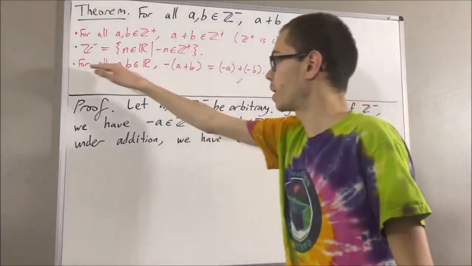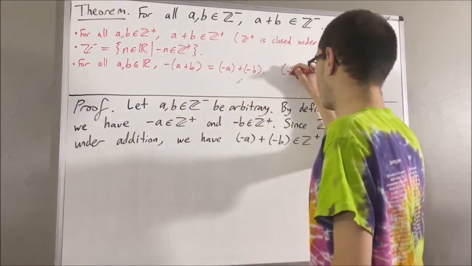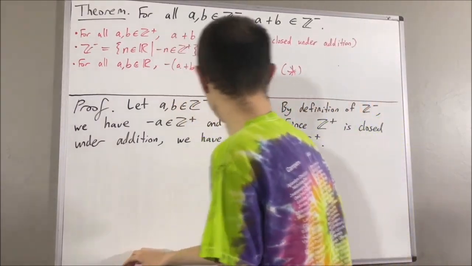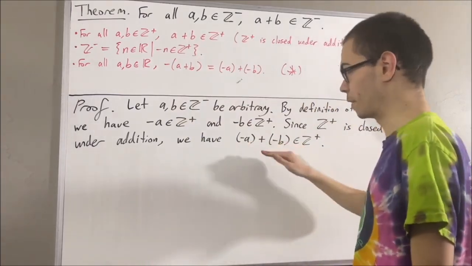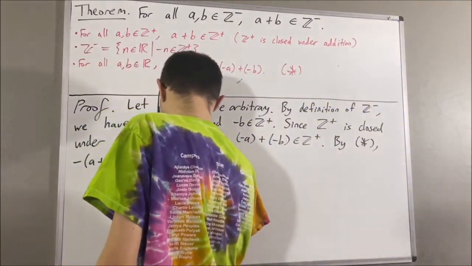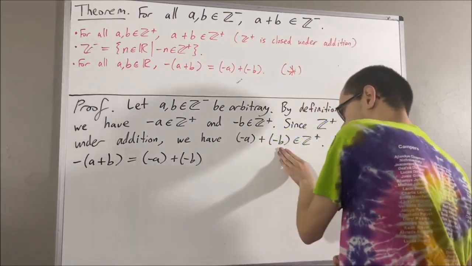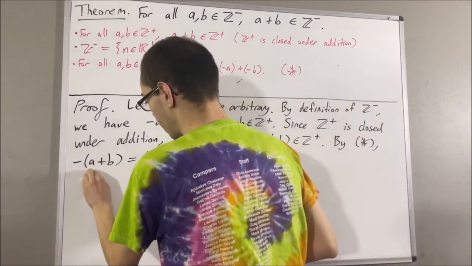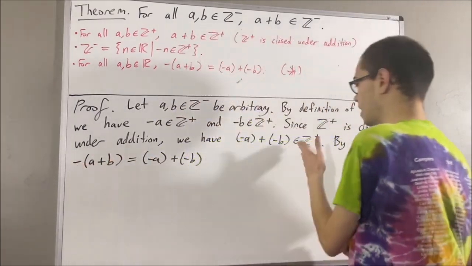But then, by this preliminary result, which I will call star, we have that the negative of a plus the negative of b is equal to the negative of a plus b. So since these are equal, we can replace this with the negative of a plus b. So we have that the negative of a plus b is a positive integer.